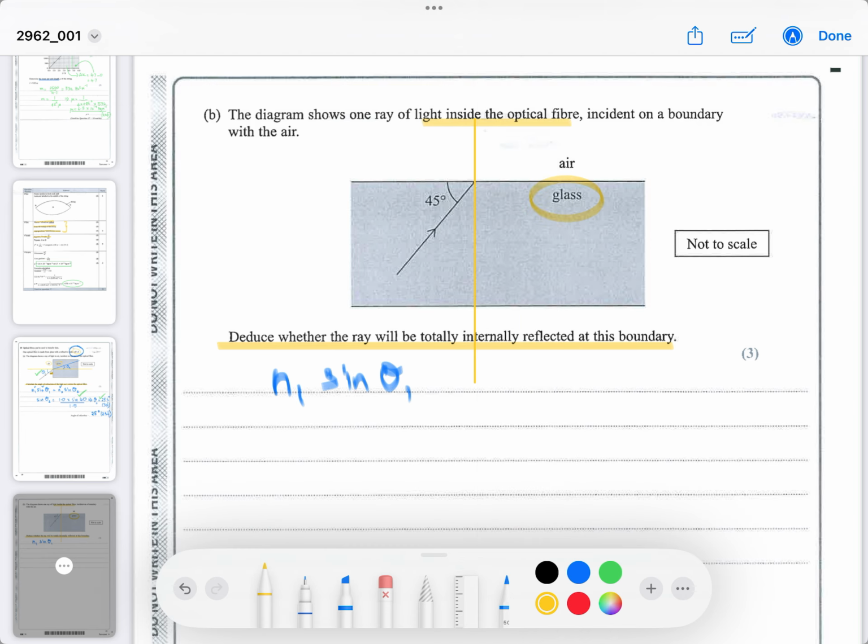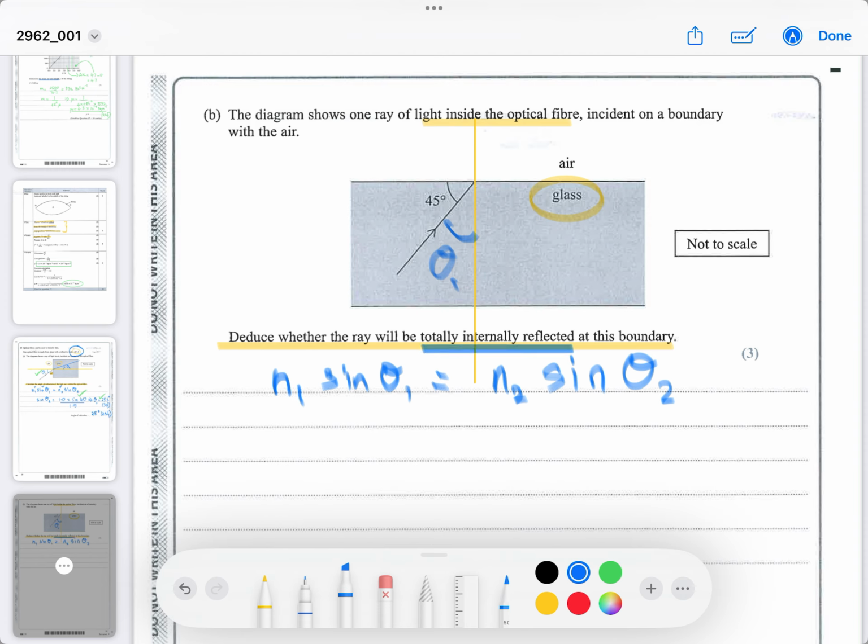So again, theta 1, as it happens, is 45 degrees. So be careful. Don't use the angle to the boundary. In this case it's the same. Then n2 is air and sine theta 2. So you want to know if it's totally internally reflected.